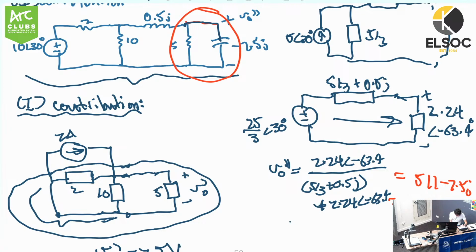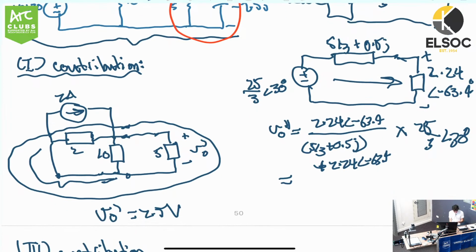And then we're multiplying that by the input voltage source.